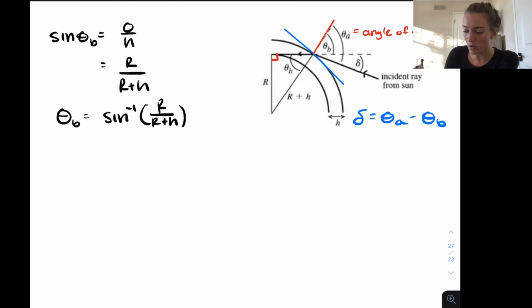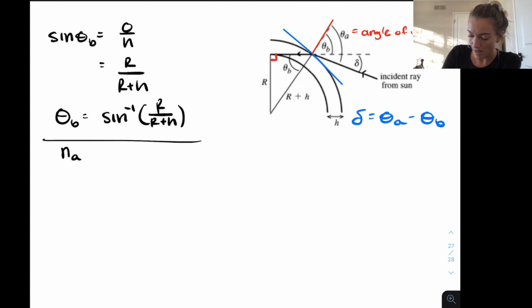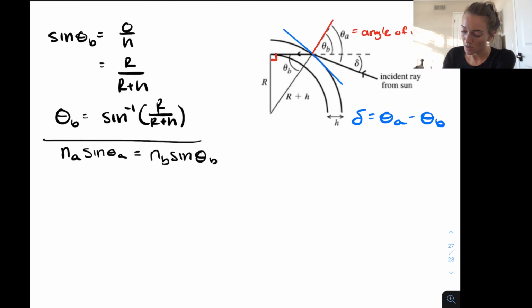Okay, so now we're almost there. Now we just have to find theta A, right? So now let's use Snell's law to find the angle of incidence, because now we know the angle of refraction, theta B, and then we can find theta A using Snell's law. So we have NA sine theta A is equal to NB sine theta B. So let's solve for theta A first.